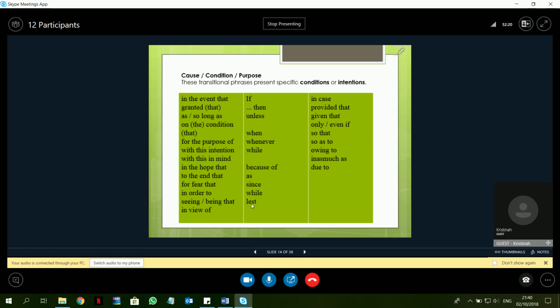Now another connector. Cause, condition, and purpose.